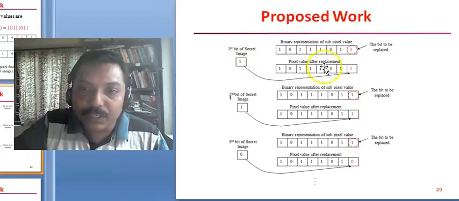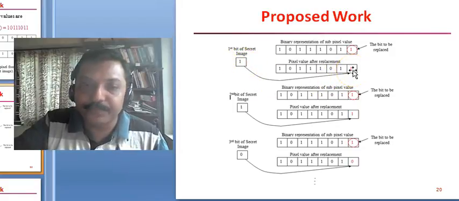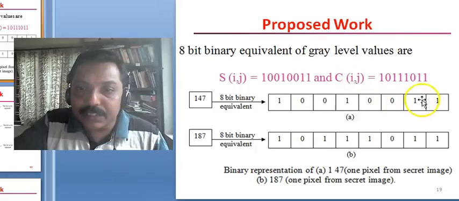Now we need to replace this LSB value, and in place of it we put this particular 1. So this is the bit to be replaced, and this 1 is placed here.